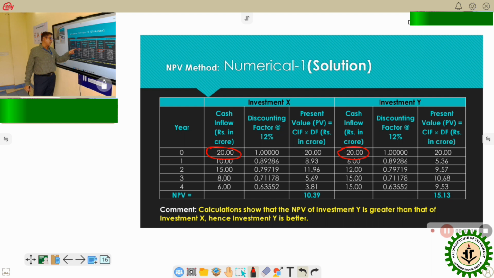As per the calculation of NPV, we have to subtract the present value of cash outflow from the present value of cash inflow. So here we are taking a negative sign initially. This is basically a cash outflow, but all these are cash inflow.